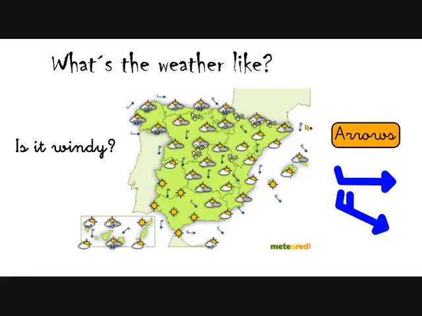And if we see, like in this case, three lines on the tail of the arrow, it means it's really windy. Okay, so that's how we know that it's windy, also thanks to the weathercast. Look for these symbols, the arrows.